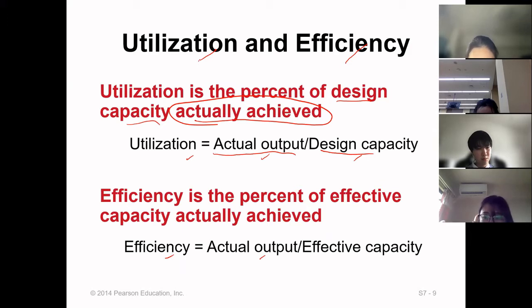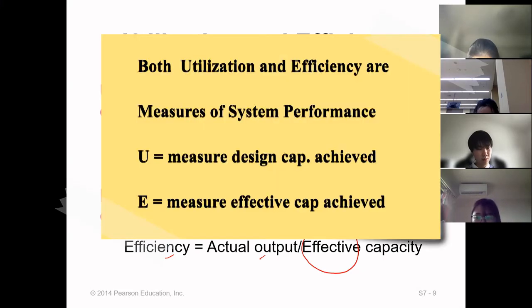One is compared with design. We have a design capacity, and we just want to have an idea, what is our utilization? The other is effective. Utilization is also important. We cannot say it's not important, okay? It's important also.